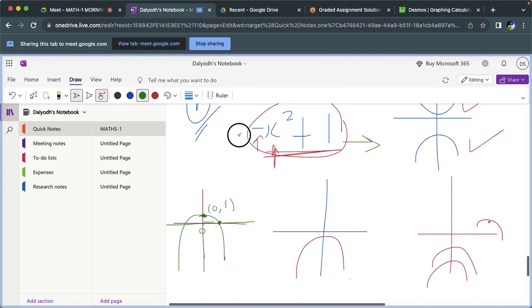So y is 0 means you can find the points of x where it cuts. You have to find the y-intercept as well as the x-intercept. To draw a graph, you need a vertex, which is the axis of symmetry point, an x-intercept, and a y-intercept. Just 3 points you need.